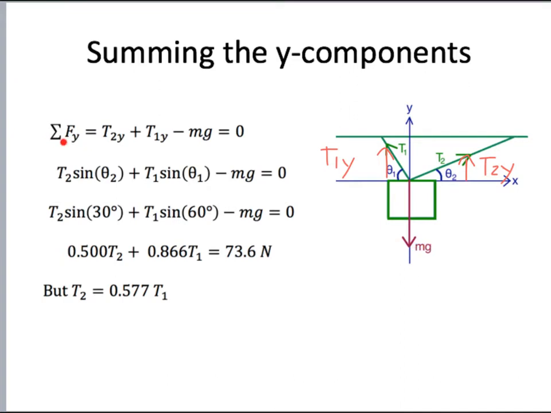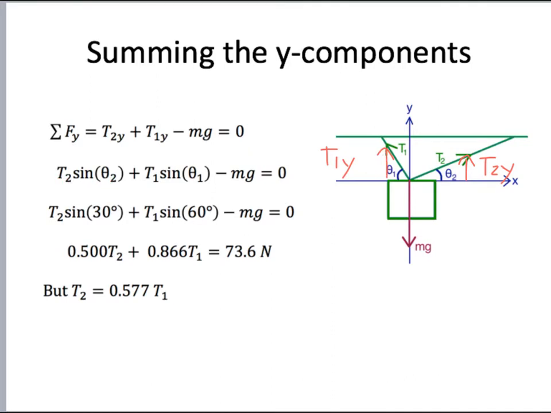And so when I do the sum of the forces in the y direction, I get the positive T2y plus the positive T1y minus mg equals 0. Now T2y, that's going to be T2 times the sine of theta 2. T1y is T1 times the sine of theta 1.